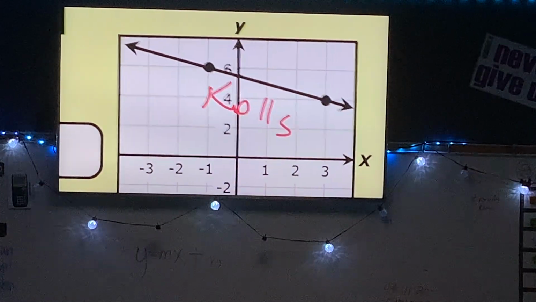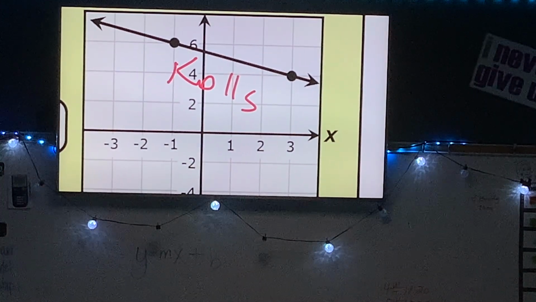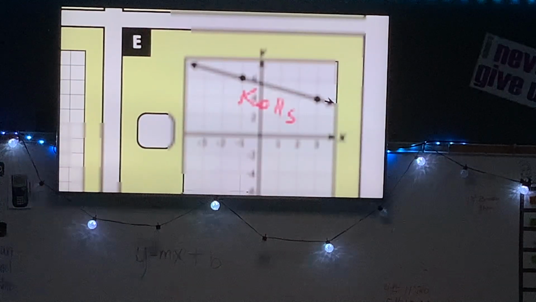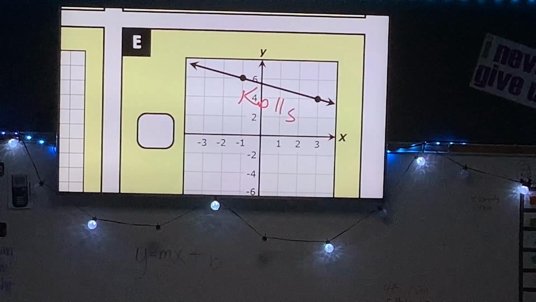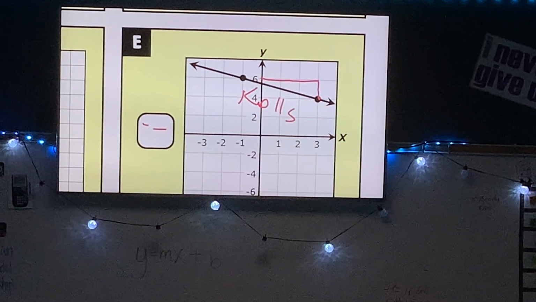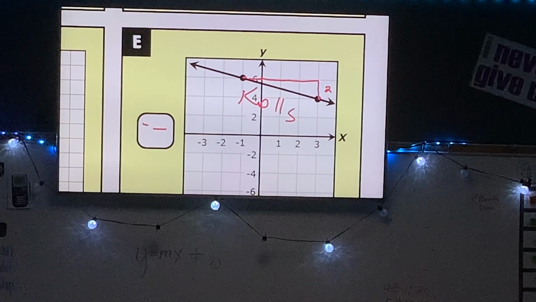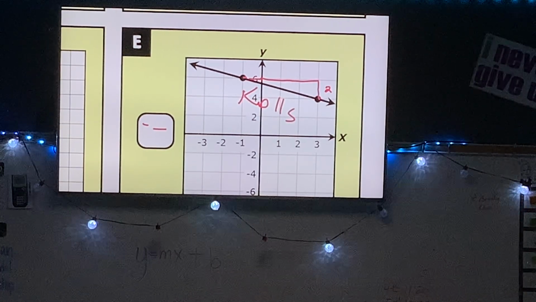Okay, my next one, positive or negative? Negative. Rise and run. How many did I rise? Ooh, good job, 2. I heard my 2. Good job, Chloe. 4 to 6. Awesome. 4 to 6 is a 2 jump.